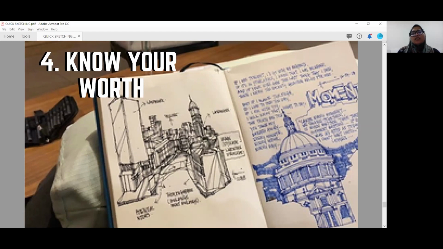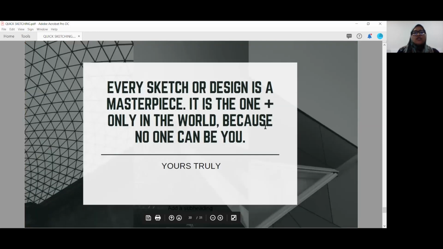This is very important, because if you don't believe in yourself, then it is hard for you to find your worth in doing this sketching. So you have to be confident, passionate, and patient as well to do these things.